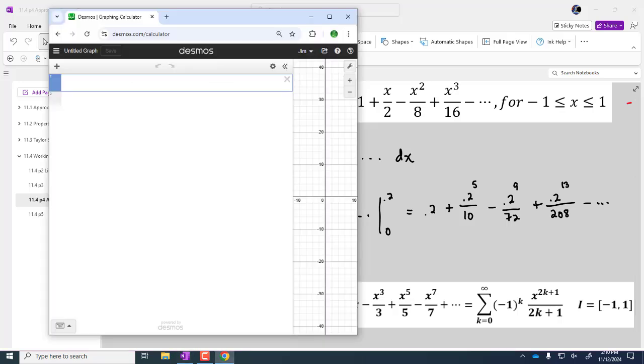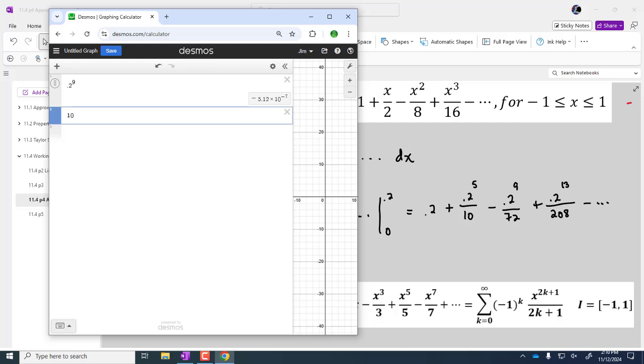So let's try 0.2 raised to the 9th power. Is that value less than what was it, 10 to the negative 5? Yeah. So is it less? Right, that's definitely less. So let's check the term before it just to make sure. 0.2 raised to the 5th power.